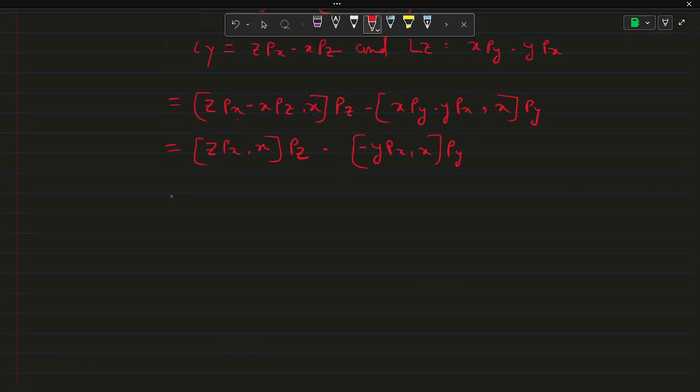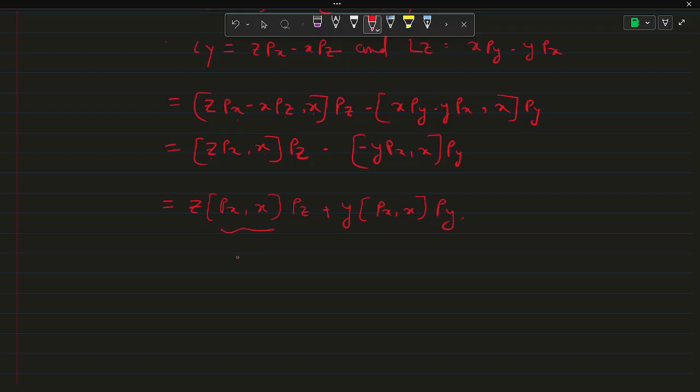Now the next term is, here the commutation of x with z is 0. So we are left with z, we can take z outside: Px x Pz. Minus, this minus will come out so it will be plus, and the commutation of x with y is 0, so we can take y outside: Px x Py.